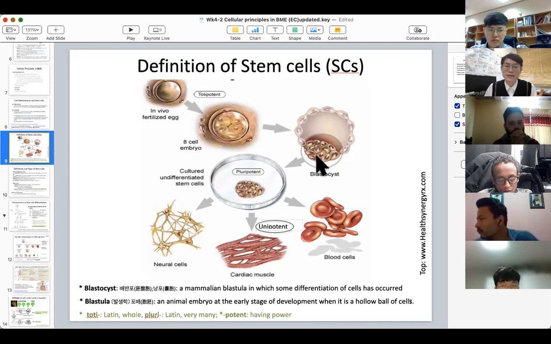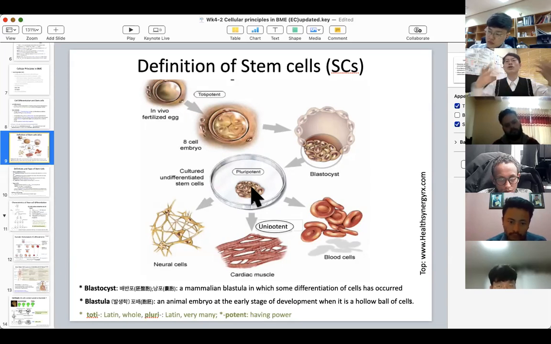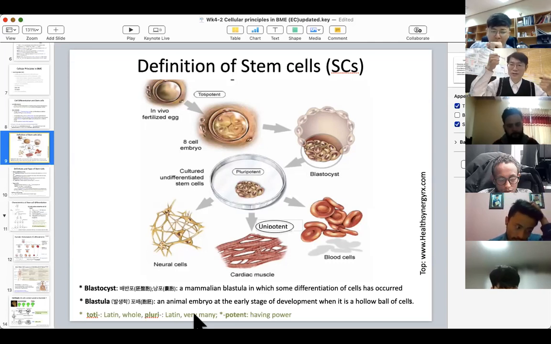And this blastocyst, when you take it out and put it onto your petri dish, this is a stem cell, and this can become almost any part of your body, such as neuron, cardiac tissue, or connective tissue. Because of that, we say, hey, this can become multiple things. So we name it pluripotent. And that pluri comes from very many. It's like English, singular versus plural.